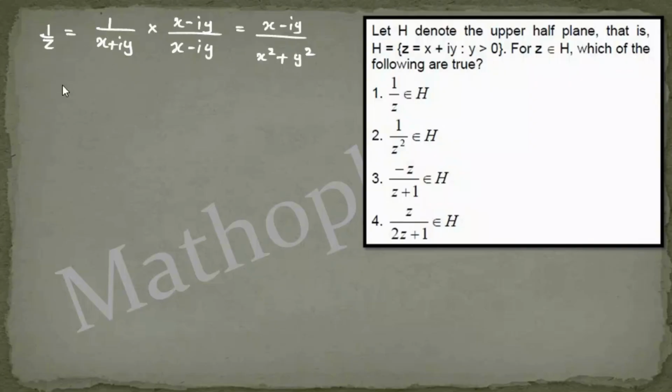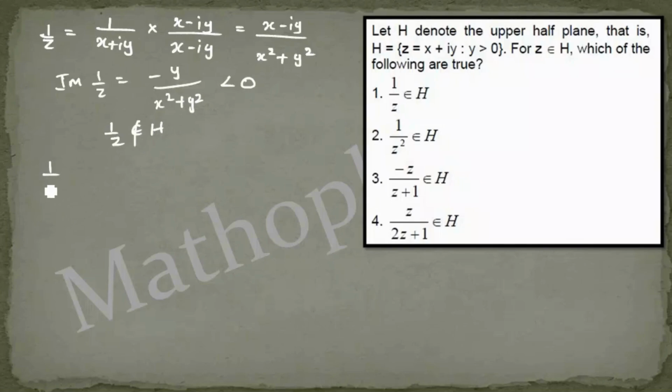So imaginary part of 1 by z will be equal to minus y by x square plus y square. And இது வந்துட்டு it's less than 0. But இங்கே upper half planeனால இந்த imaginary part must be greater than 0. So இங்கே less than 0ன்றனால 1 by z does not belong to h.